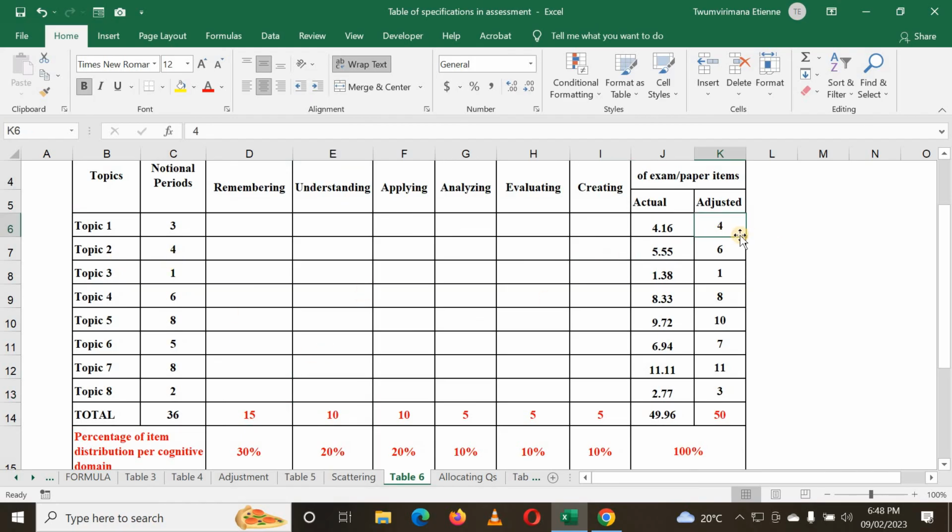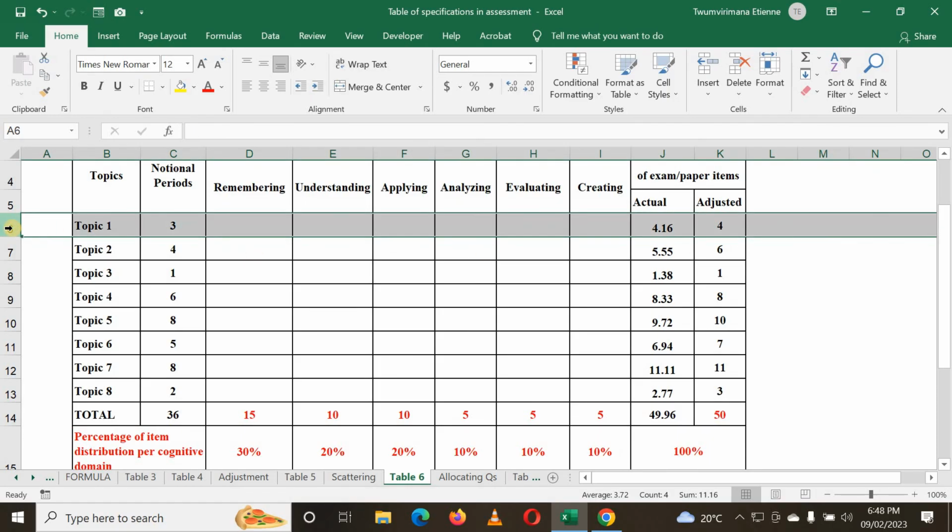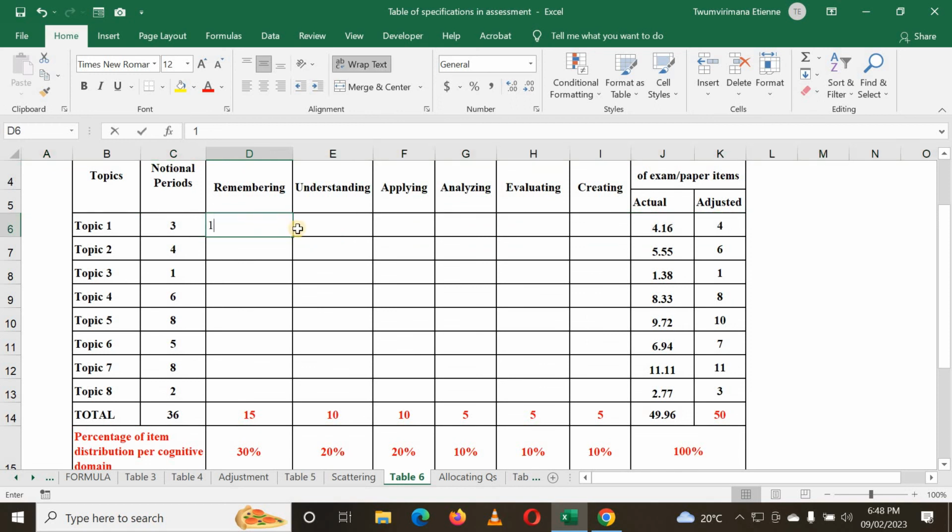This is 4. Let's suppose I want to put 4 questions in this row for unit 1 or chapter number 1. I don't have to exceed 4 questions. Let me put 1, 2, 1, and here 1. How many questions do I have? I have 4 already.